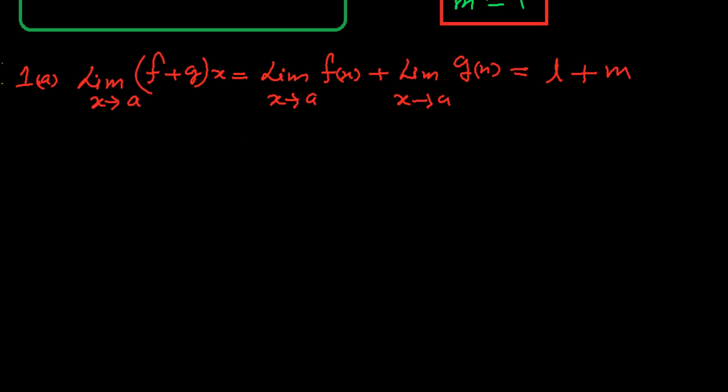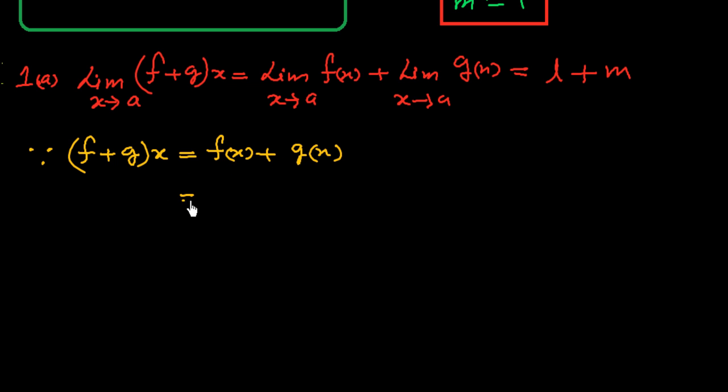So first of all we have to find the function (f plus g)(x), because (f plus g)(x) is equal to f(x) plus g(x). First we make this function, then we find the limit.